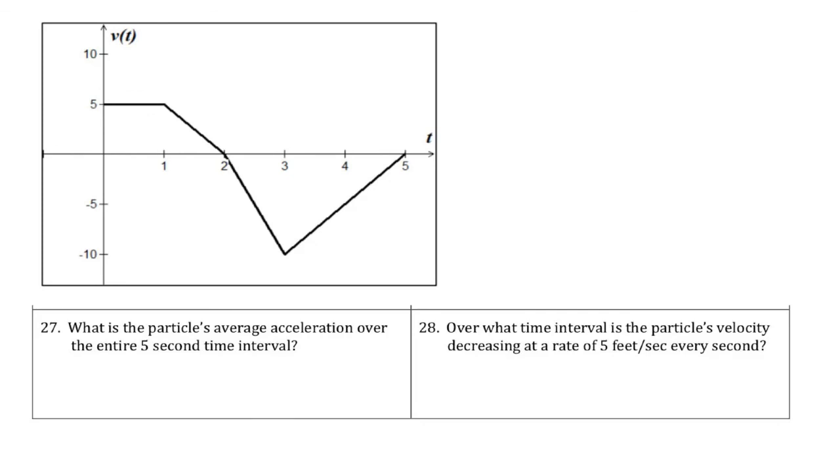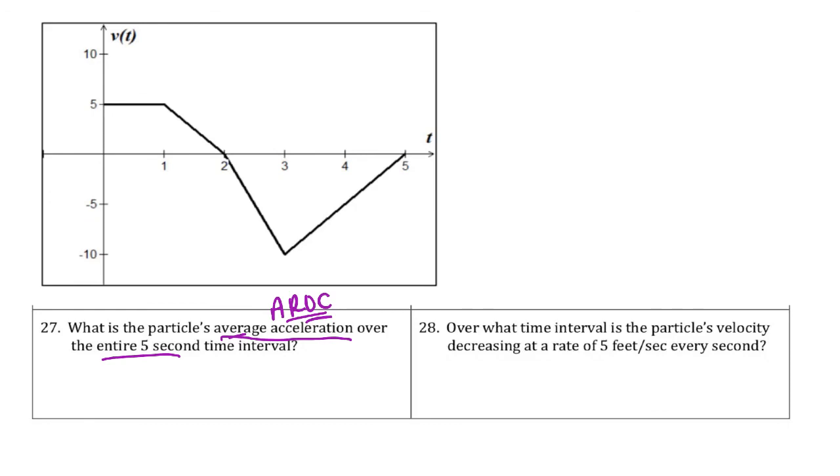Okay, the final two, number 27, what is the particle's average acceleration over the entire 5 seconds? So if we're wanting to know the average acceleration, notice it says average, this is going to be a rate of change.